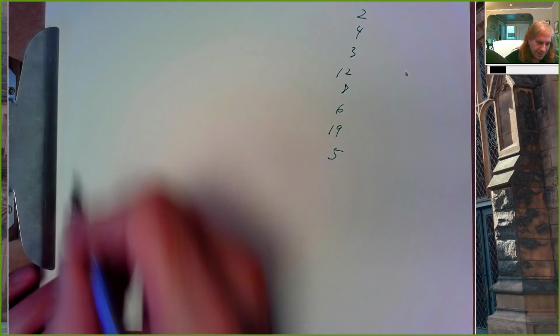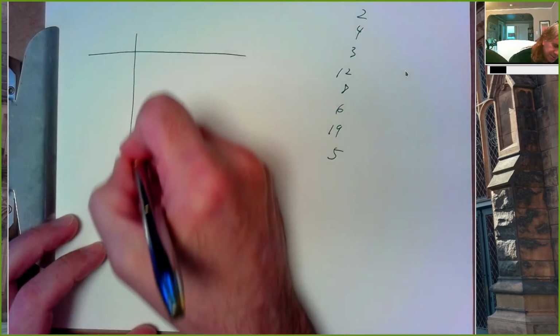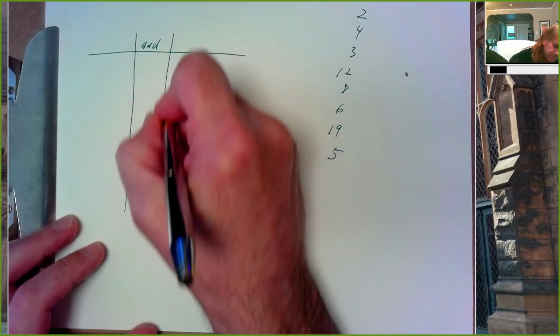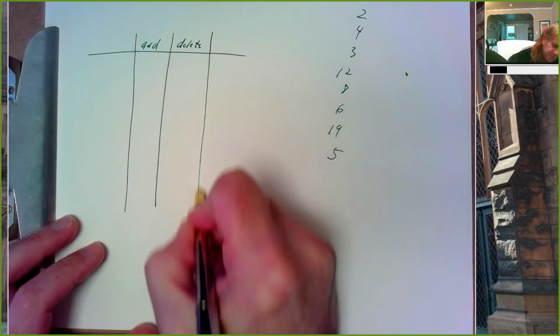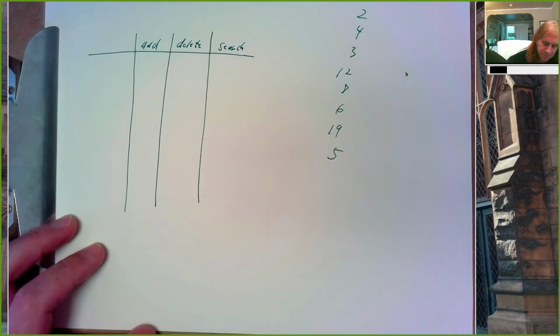So there's an array of numbers. And I want to think about different things that we do with this array. So for example, we may want to add an element to an array. We may want to delete an element from an array. We may want to search for something in an array.